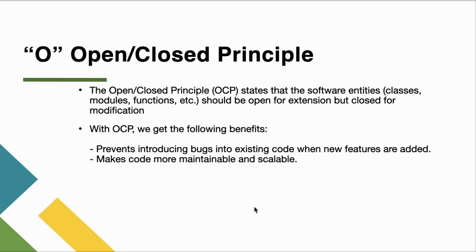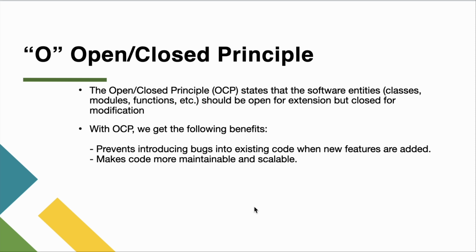If I try to modify the same function for my new requirement, that is where I am violating the open closed principle. I am trying to modify the existing functionality rather than creating another class and extending the parent class.